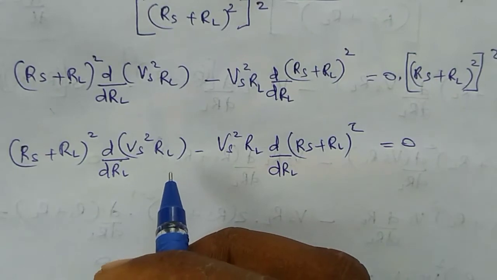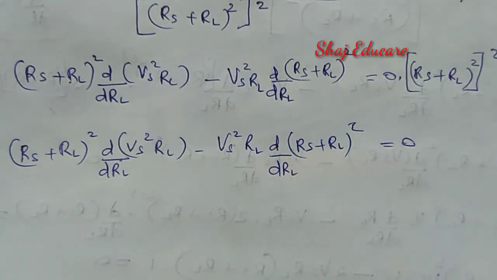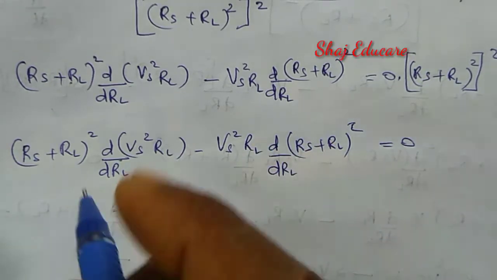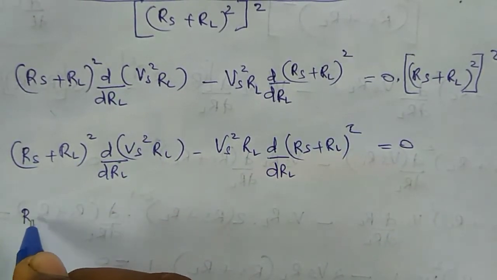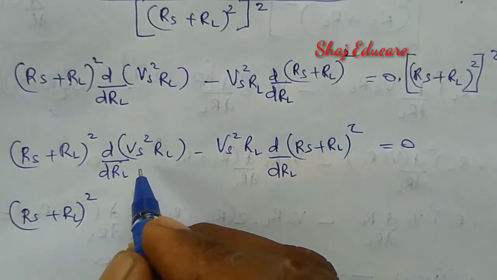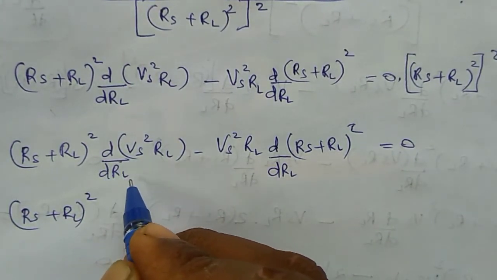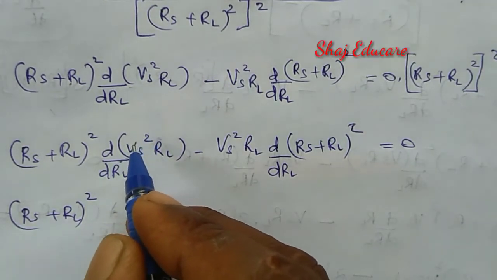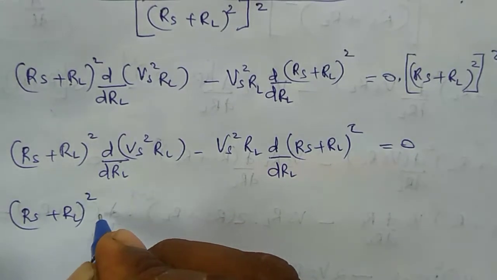Now we have to find the solution for this left hand side. Let us solve this one, (RS plus RL) the whole square. Here we are going to take the derivative with respect to RL, hence Vs square is a constant, so let us take it outside.